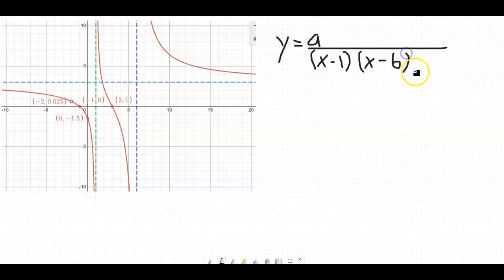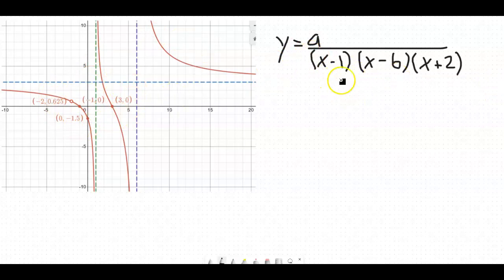And that's all for vertical asymptotes. But remember, we also have to look at holes. And we see there's a hole right here at the x value of -2. So that's going to correspond to an x plus 2 factor on the bottom.